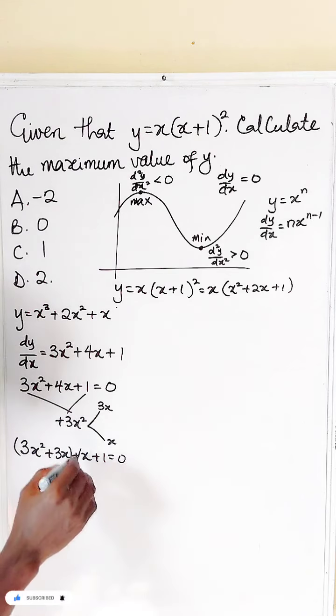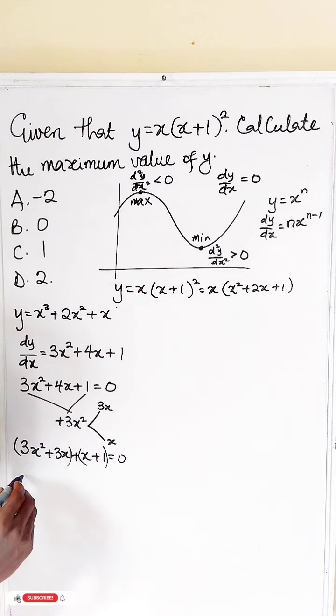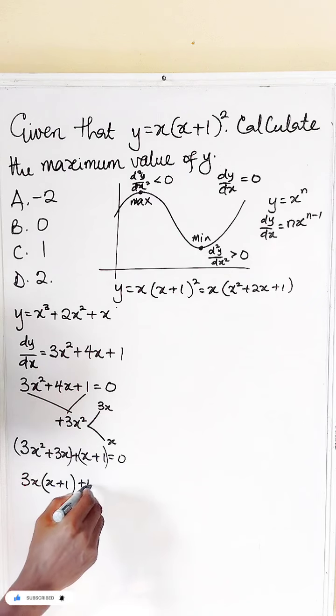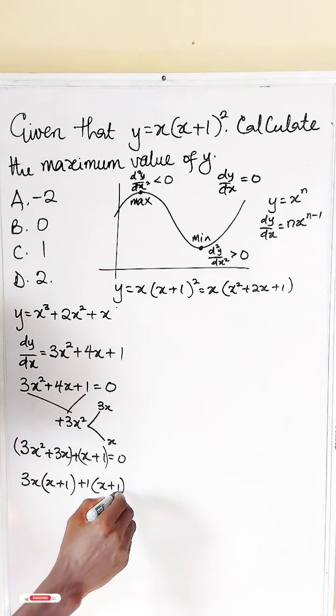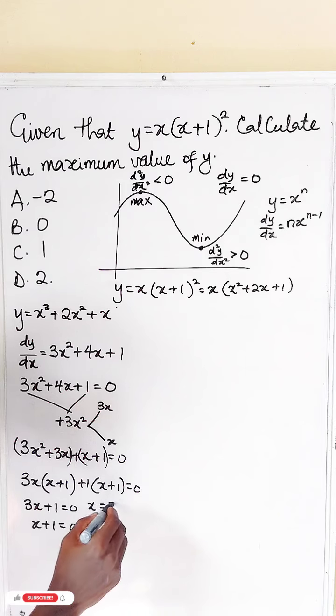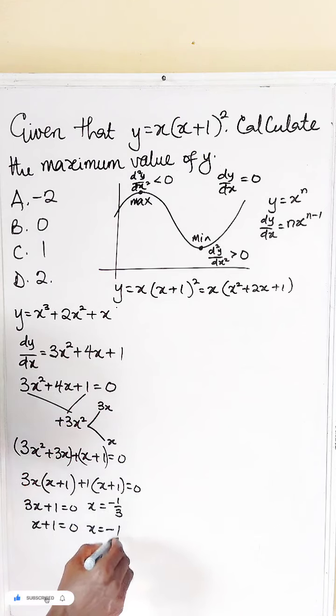Now let us collate. 3x is a factor of the first bracket; factoring that out, we have 3x(x + 1) + 1(x + 1) = 0. So we have 3x + 1 = 0 and x + 1 = 0. Here x gives us negative 1/3, and here x gives us negative 1.